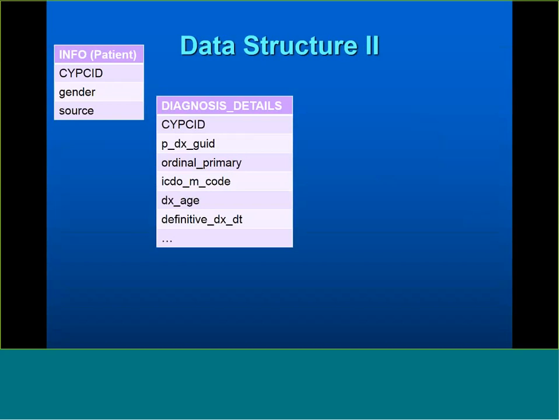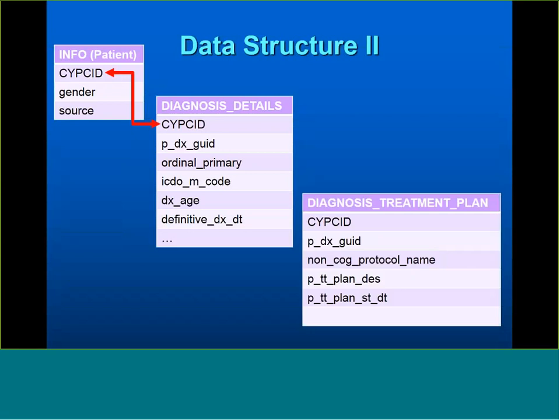The ICD-10 code tells us the actual type of cancer that they had, coded to ICD-10 standards. Obviously, the diagnosis age is fairly straightforward, and then the definitive diagnosis date is at the bottom. But you'll notice that the one common variable that we have between these two databases is actually the CYP C ID. So this is the linkage variable that we can use to actually figure out what diagnoses happen to what individuals in our patient population.